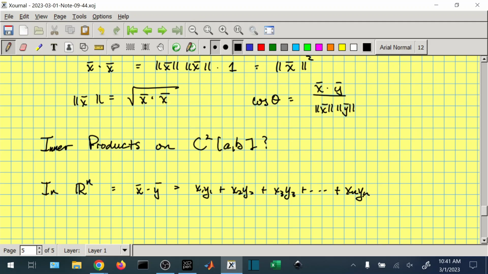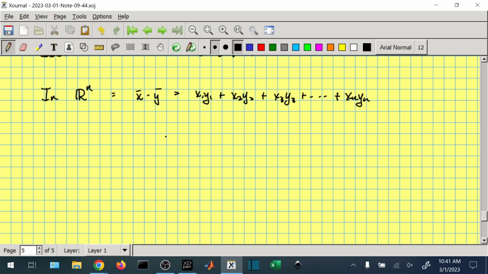This is dot product. You're familiar with this? You multiply all of the coordinates together for every x, and you add them all up. That's x dot y.